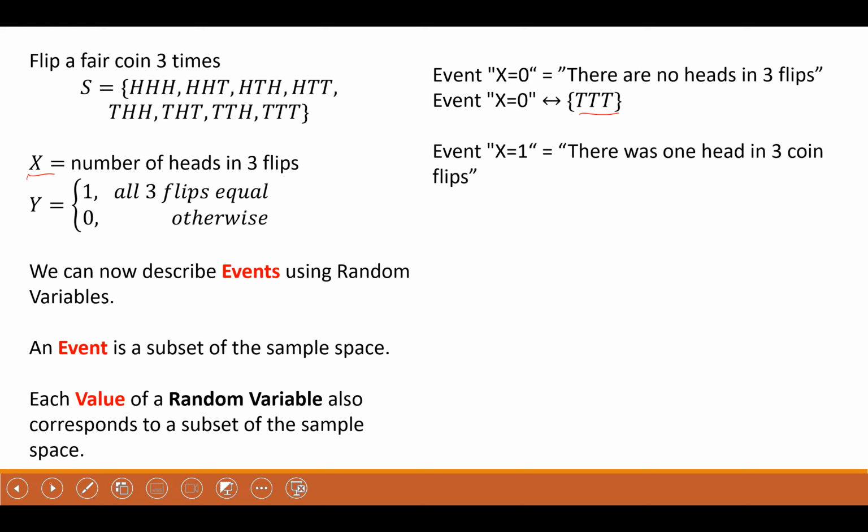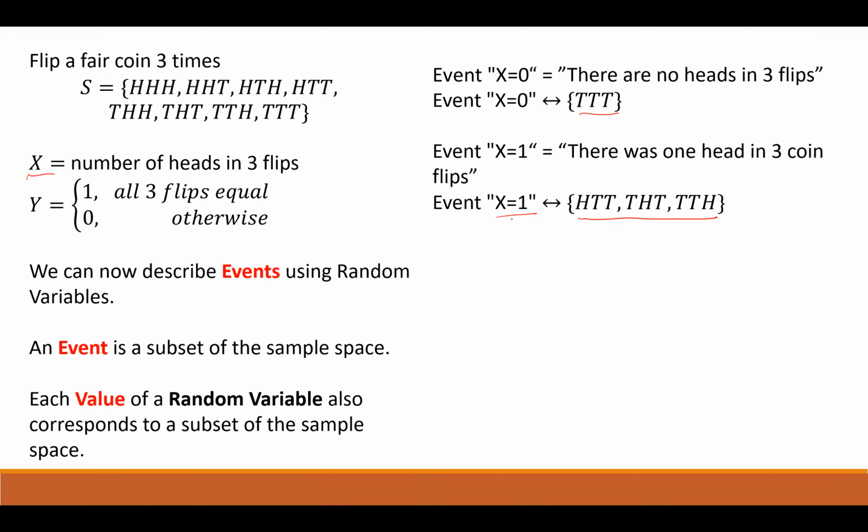The event X equals 1, there was 1 head in my 3 coin flips. Well, again, I can say I'm going to collect all of the outcomes together that my function X maps to 1, basically. So on the previous slides, we looked at taking an outcome and mapping that to a value.